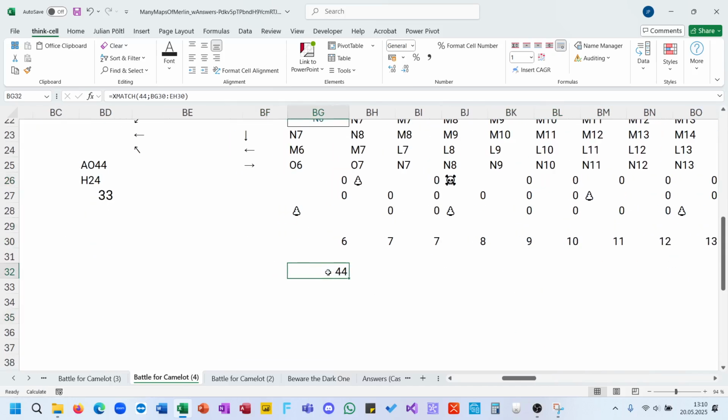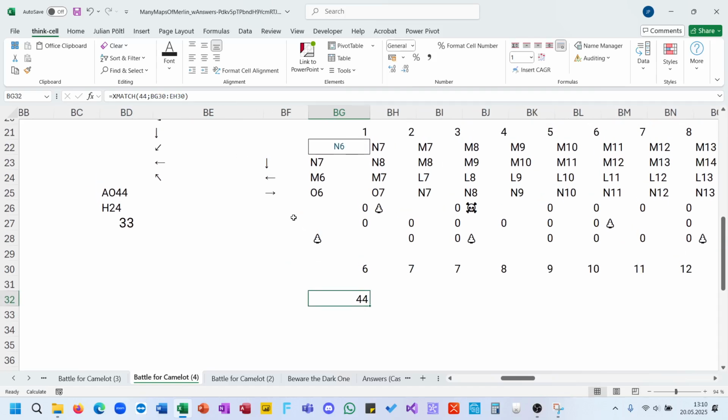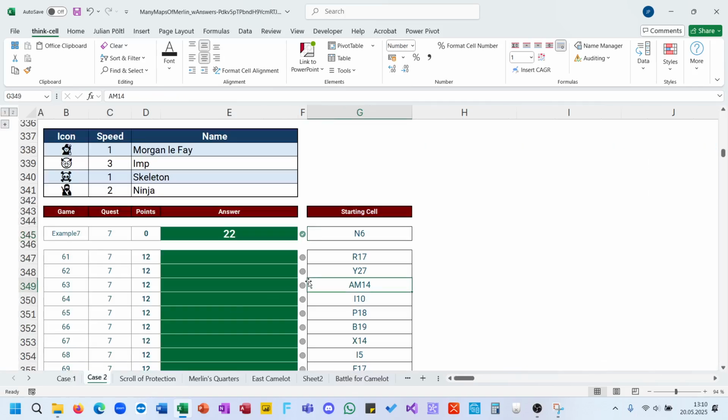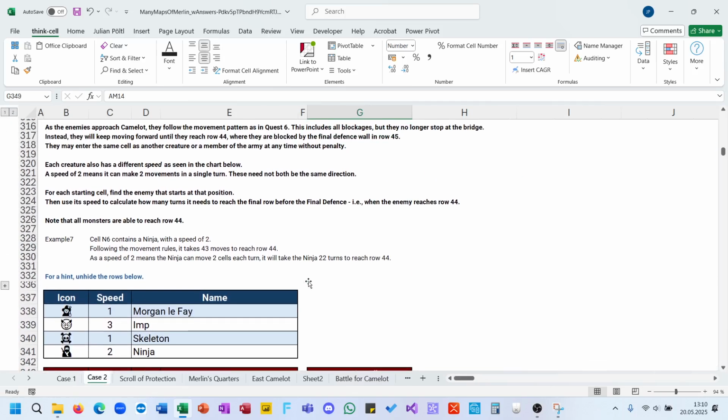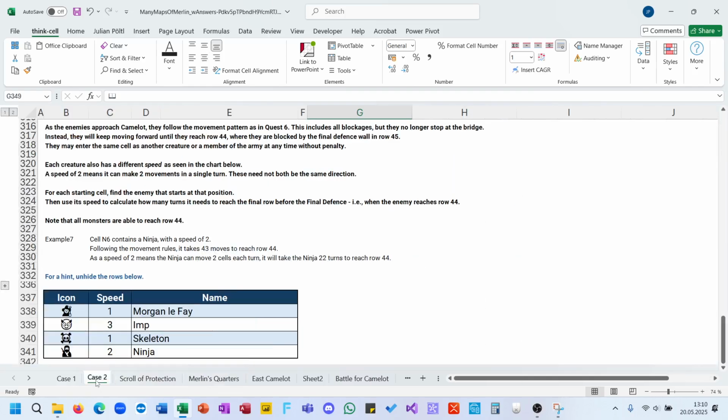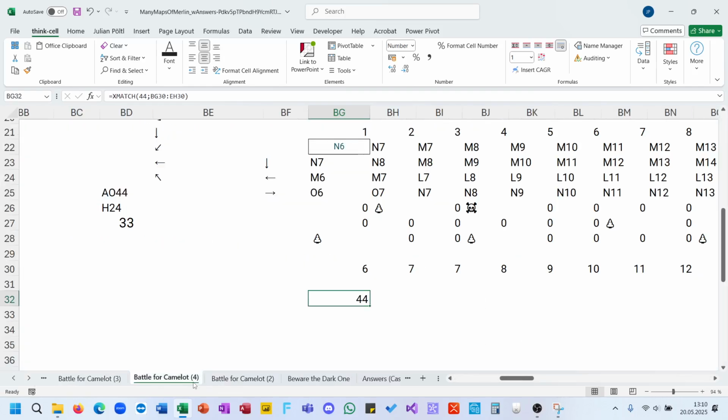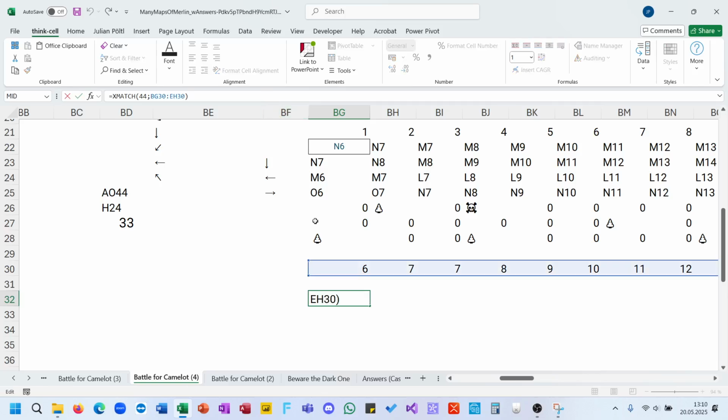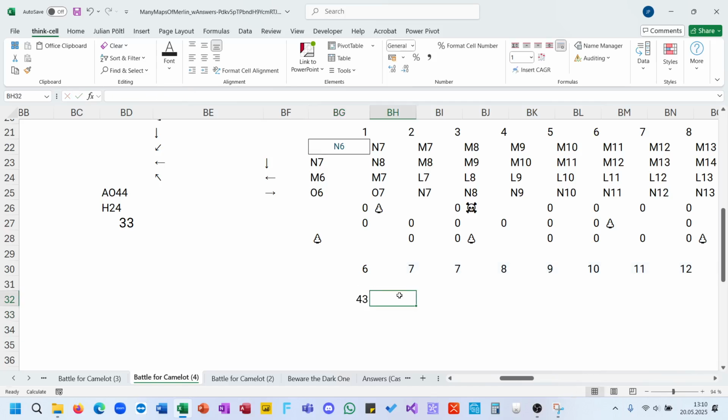It's 44. Really? Oh yes, okay. N6 is my starting cell. Is this right? Yes, okay, I know what is wrong. Because I'm counting here also this here, but this doesn't count as a move. Only this counts as a move. Yeah, okay.